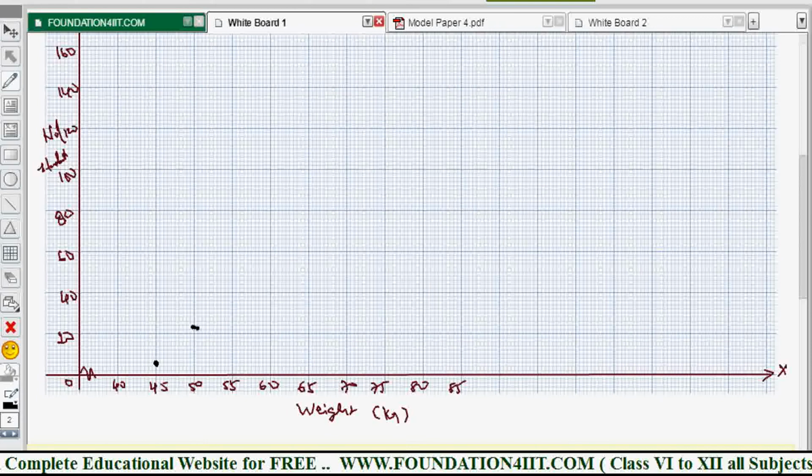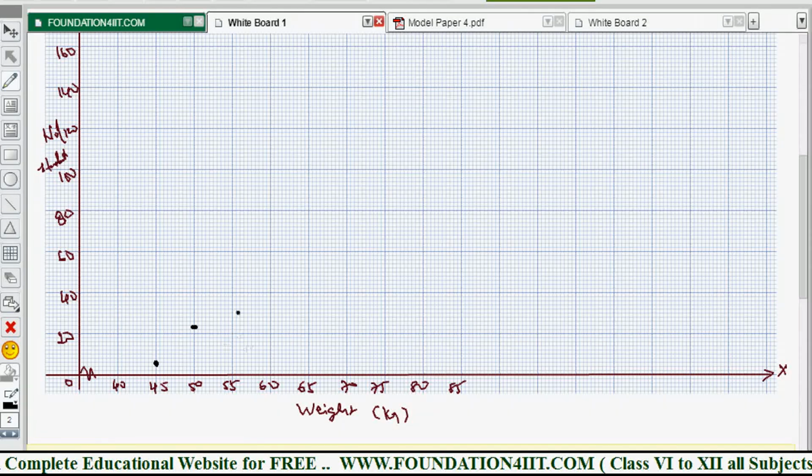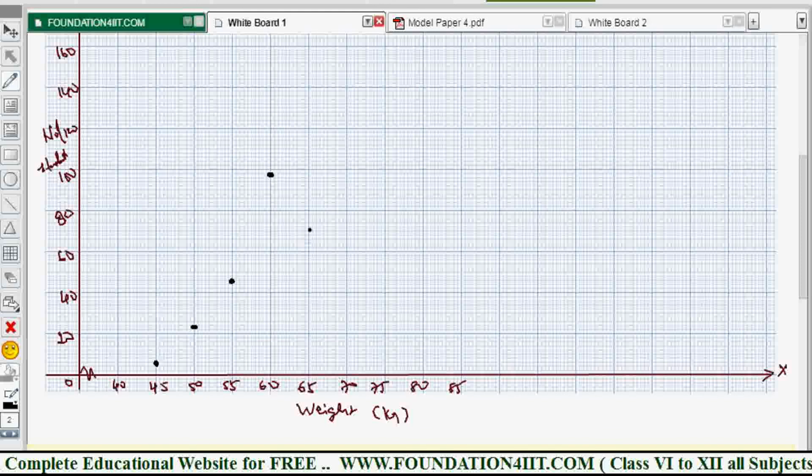Next one more point, and 55. For 55 it is 44. Second line, for 60, 89. Last line, middle number. You can adjust there, because 1 millimeter is 2 units.